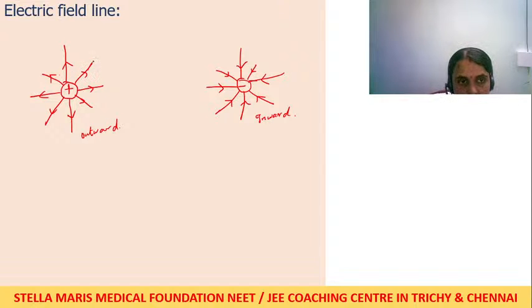The electric field lines are radially outward, so the electrons are repelled from this charge, and the negative one will attract that electron. If both were separated, the electrons would come out but would not be attracted by the other.